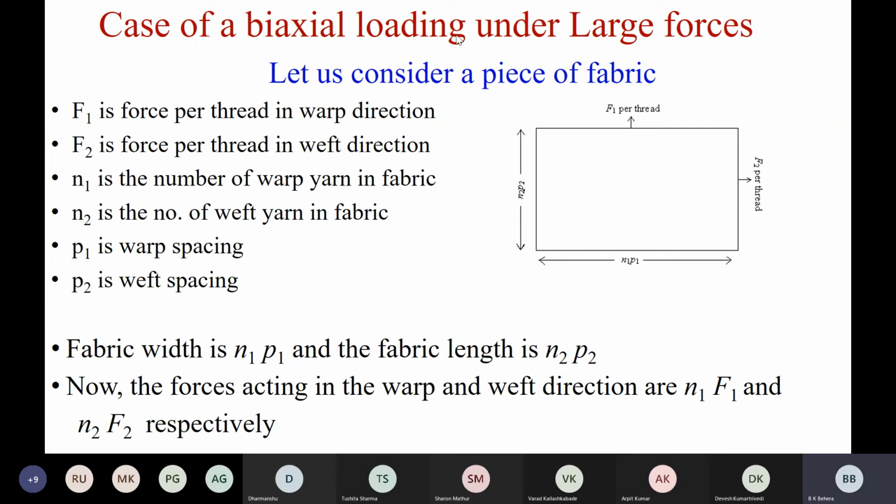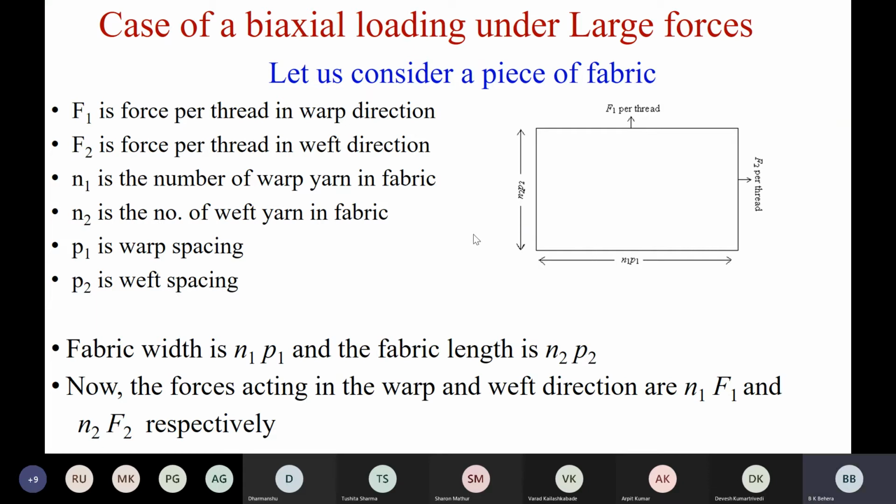The model is biaxial loading under large forces. So when the force is too large, what will happen? The fabric will be broken, it will be smashed. And if the fabric is broken, what is the total energy? Total energy will be zero. The change in internal energy will be zero. There will be no strain energy stored.